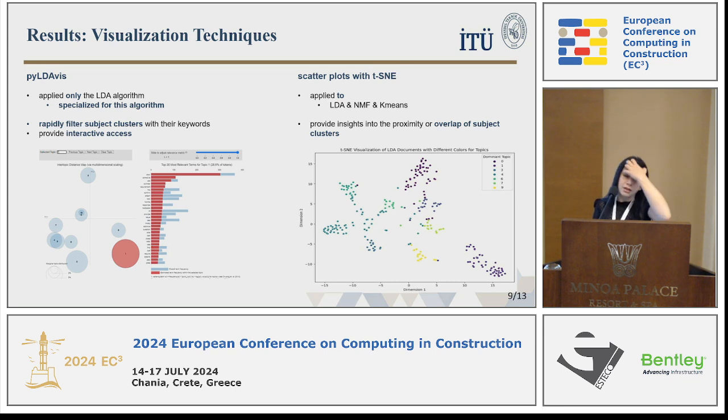About the visualization techniques, pyLDAvis was applied only to the LDA algorithm because it is specialized for this algorithm. It can rapidly filter the subjects and provide interactive access to the users. On the other hand, scatter plots are applied for all clustering algorithms, and provide insight into the proximity or overlap of subject clusters.